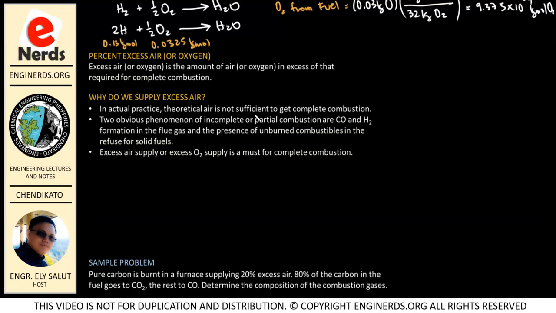Two obvious phenomenon in incomplete or partial combustion is the formation of carbon monoxide and H2 sa ating flue gas or unburned combustible sa ating refuse for solid fuels. Okay, yung presence niya na magpapatunay sa atin that we are not getting complete combustion talaga.